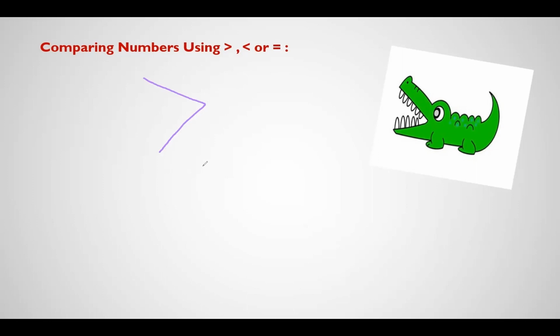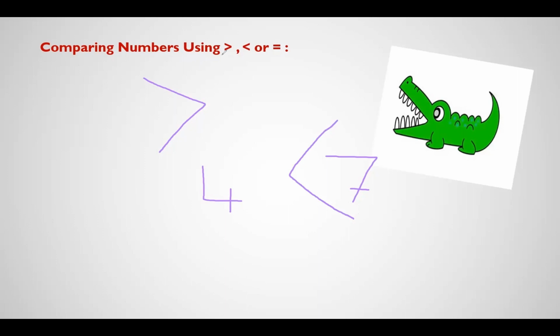So for example, if I have here number 4 and here is number 7, it's so hungry. So he will eat number 4 and leave number 7? Of course not. He will go to the bigger one or the biggest number. And here, which is bigger, 4 or 7? Of course, 7. So because it's so hungry, it will go and eat number 7.